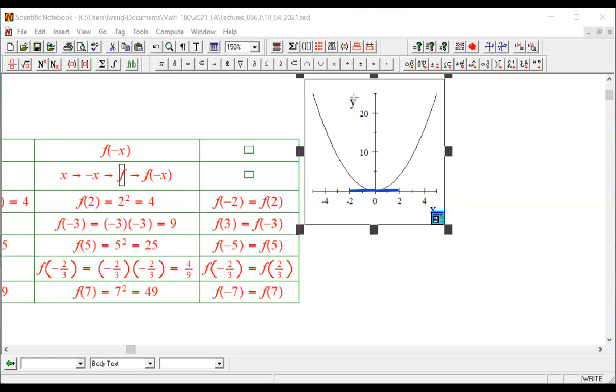What are their outputs? f of -2 is this point, and f of 2 is this point. That's what it means. How about 3 and -3? f of 3, this is 3. -3 is on the other side.